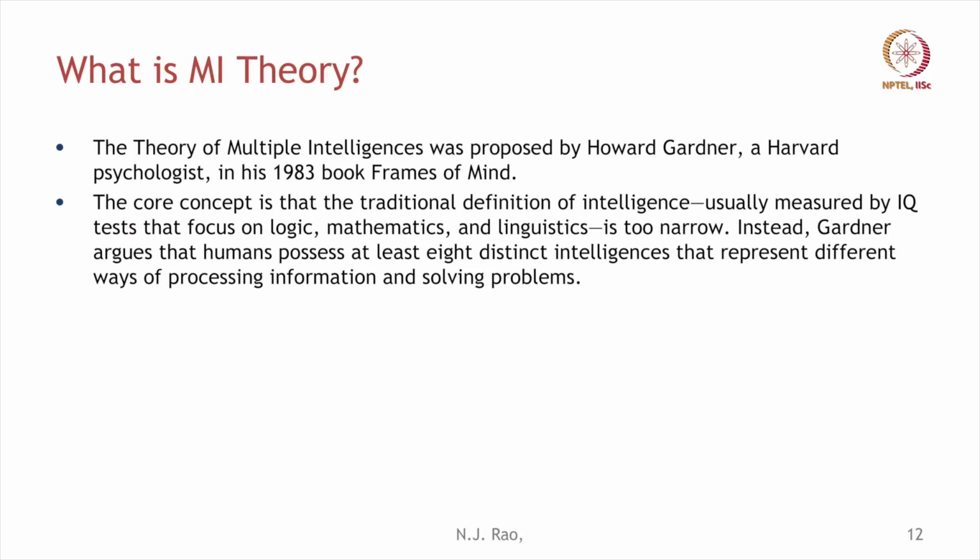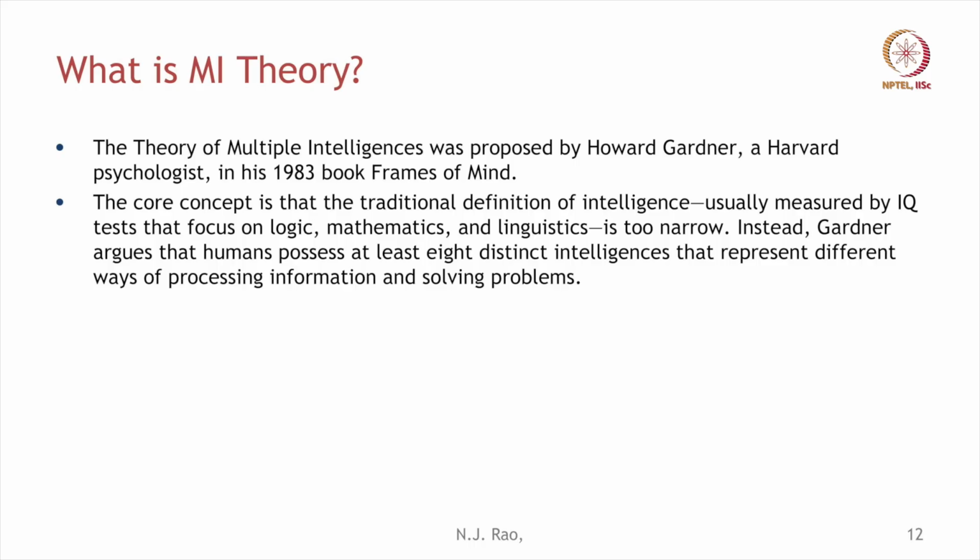Now, there is another dimension, what is called theory of multiple intelligences. It was proposed by Howard Gardner, a Harvard psychologist, in his famous book of 1983. It's called Frames of Mind. The core concept is that the traditional definition of intelligence, usually measured by IQ tests, focuses on logic, mathematics, and linguistics.